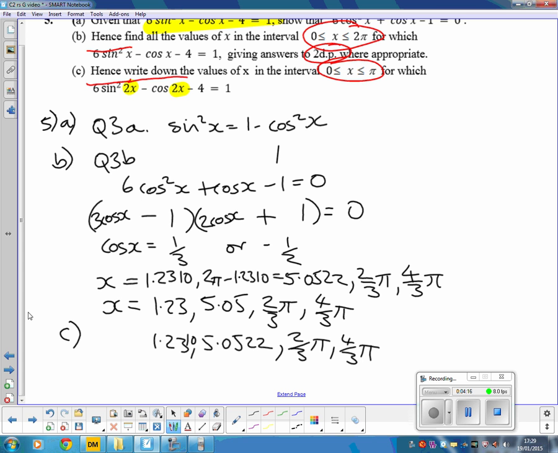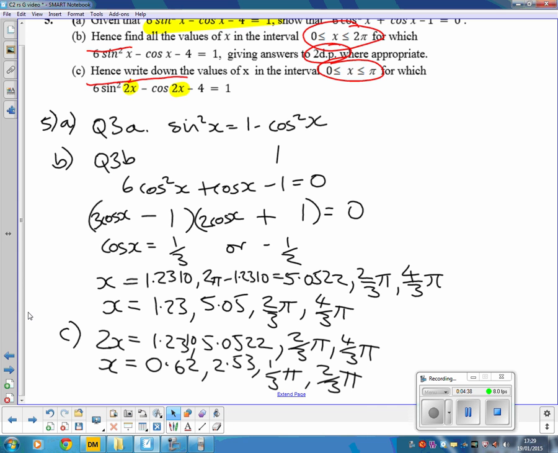The only difference is in part C, that's 2x instead of x. So to get the final answers, I'm just going to halve everything. And so now we're going to have 0.62, 2.53, 1/3 pi, and 2/3 pi. And because they halved the range, halving all the answers means they automatically end up between 0 and pi, which was asked for.